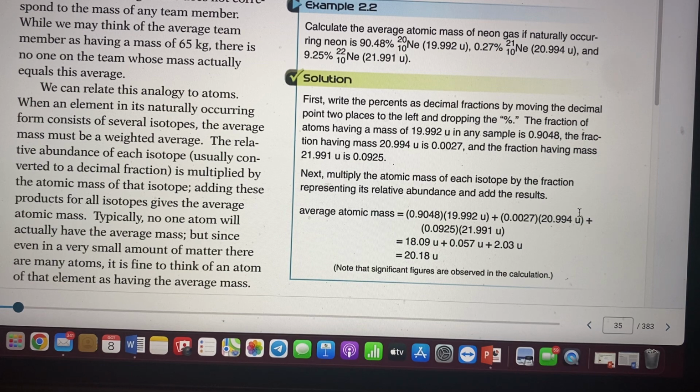So to find out the average atomic mass, how do we do this? So first, we're going to write the percents as decimal fractions by moving the decimal 2 places to the left and dropping the percent sign. You know how to do that. So the fraction of the atoms will be 19.992 units, 0.9048.